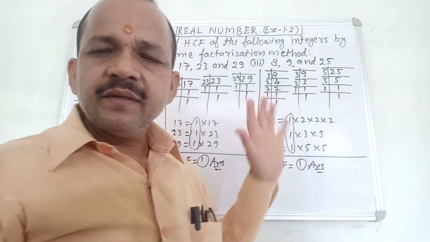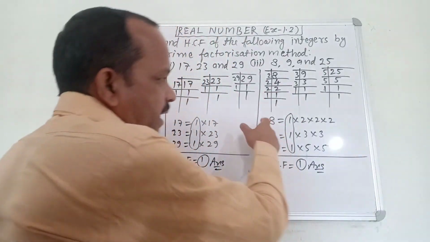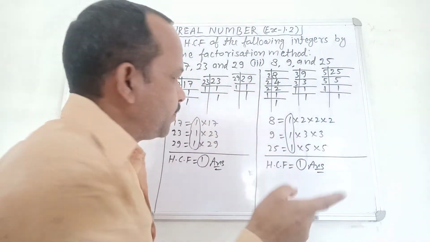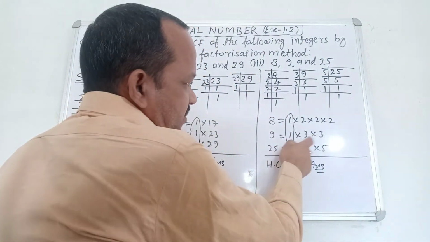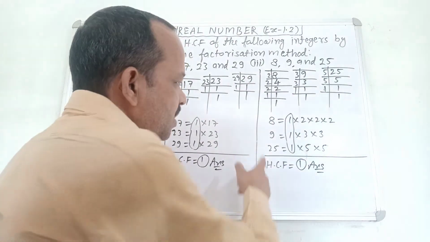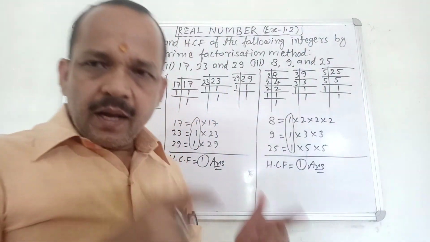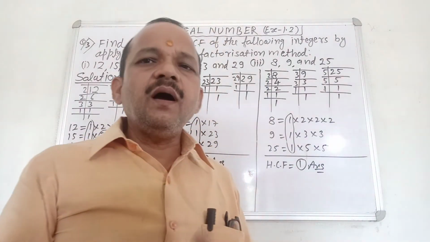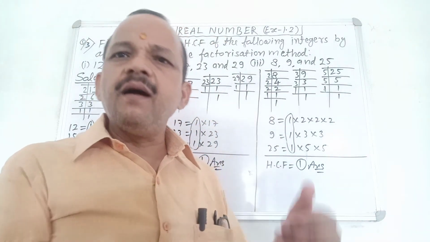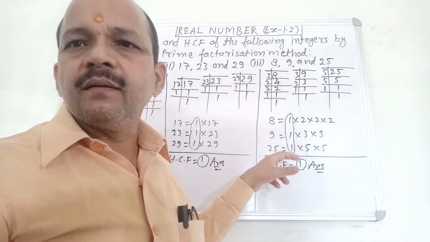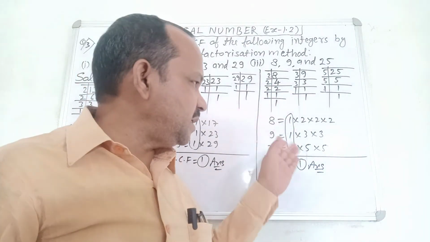Now write all the factors. 8 equal to 1 multiply 2 multiply 2 multiply 2. 9 equal to 1 multiply 3 multiply 3. 25 equal to 1 multiply 5 multiply 5. Now you choose the common number which is in all. Here 1 is common in all. So your answer is 1.